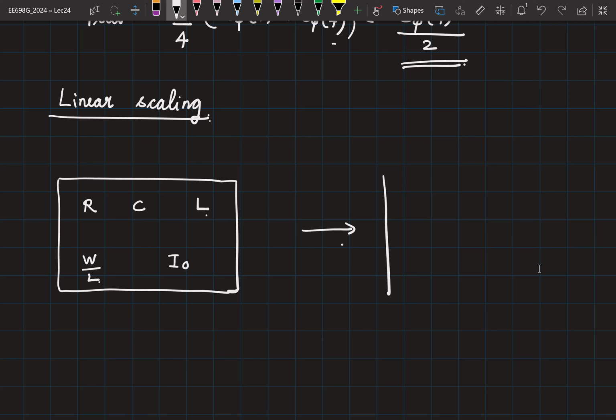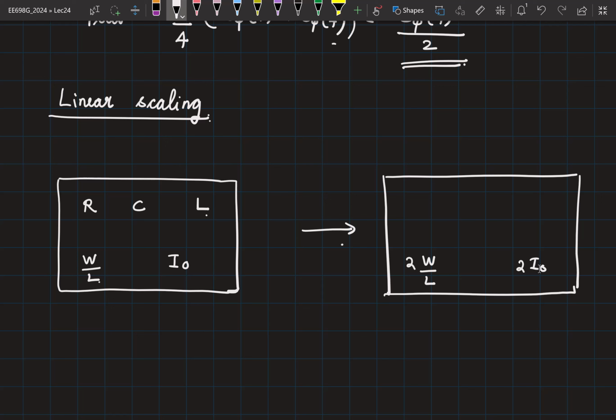So to reduce the phase noise by 2, you would double the current, which is usually achieved by doubling the W by L's. Now that the currents are doubled, if you want to maintain the same voltage level, all the impedances have to be halved. So you will do R by 2, 2C and L by 2.